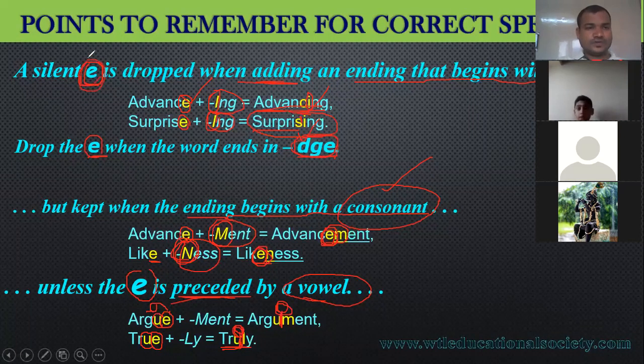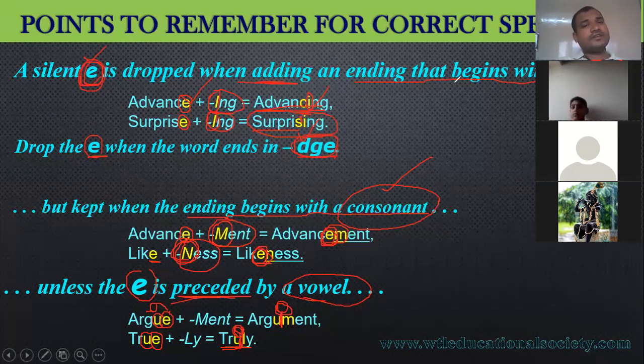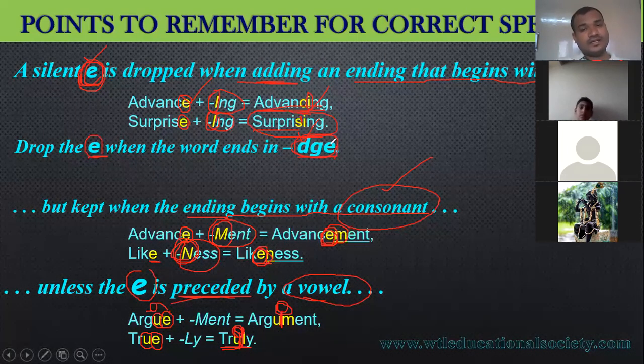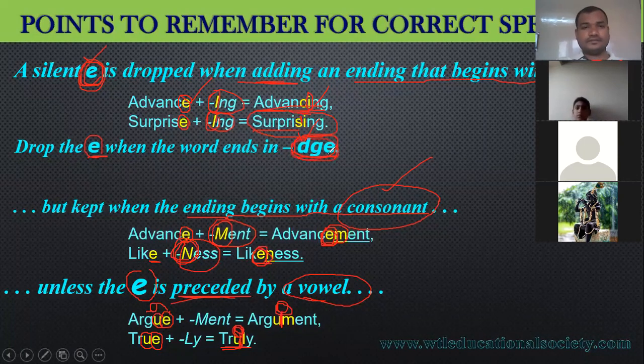If it is E preceded by a vowel, we drop it. Now, drop the E when the word ends in DGE. So if the word ending is DGE, we need to drop letter E.